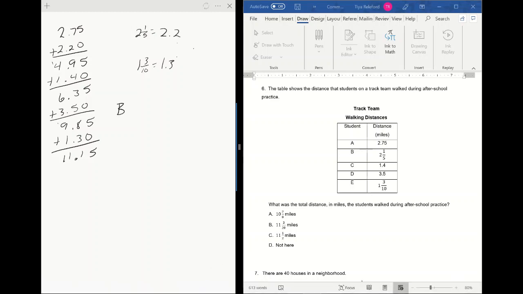Well, I know 11.5 is 11.5. Is that what I ended up with as an answer? Nope. So you know what the answer has to be then. Sometimes if you know what it's not, it'll tell you what it has to be.